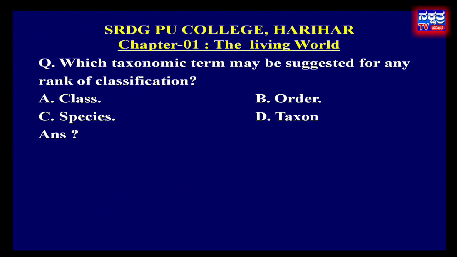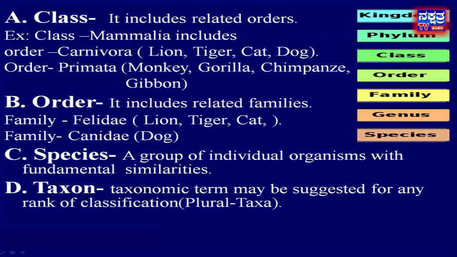Move to next question. Which taxonomic term may be suggested for any rank of classification? The given options are A, class, B, order, C, species, D, taxon. In the given options, A, class.